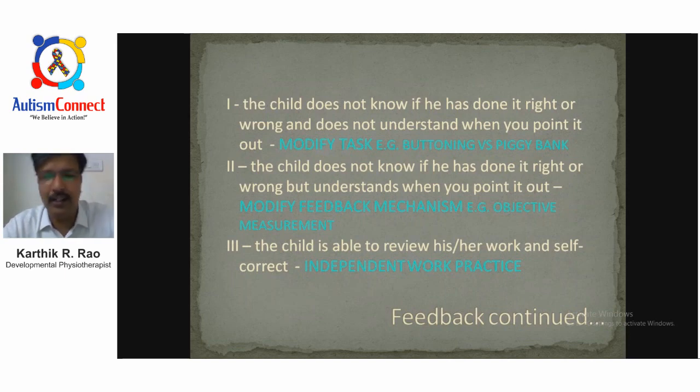Then he thinks that even if I do it when my mom is not around, she's going to come and tell me that this is wrong, and she's going to make me do it all over again. So in such a case, it's always better to do it in her presence. So if you find the child is able to self-correct, then encourage independent work practice.